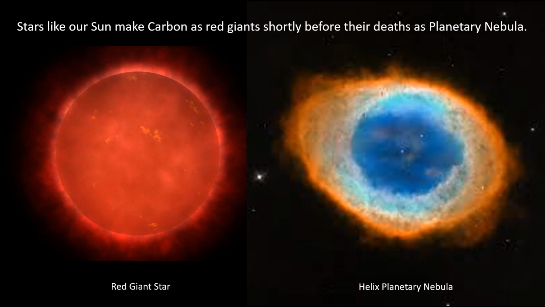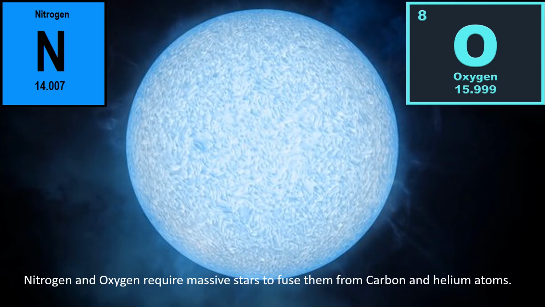Stars like our Sun make carbon as red giants shortly before their deaths as planetary nebulae. Nitrogen and oxygen require massive stars to fuse them from carbon and helium atoms. These are the main elements that stars make, so our universe's pantry has them in relative abundance.